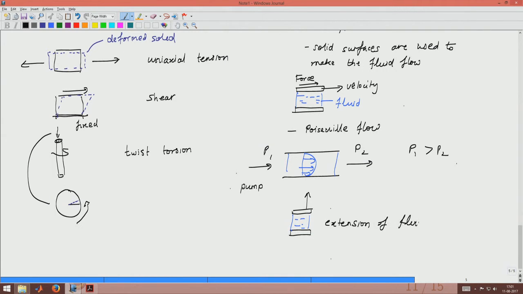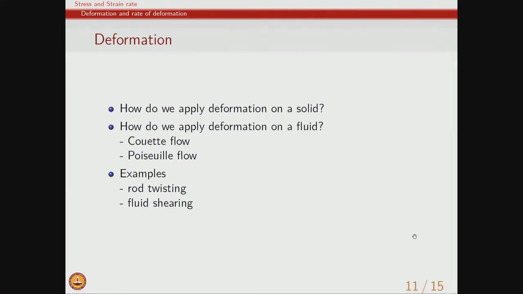So, similar to solids, we can also achieve deformation in fluids. Now let us look at two specific examples. One of them is related to the rod twisting that I discussed, the other one is related to fluid shearing.